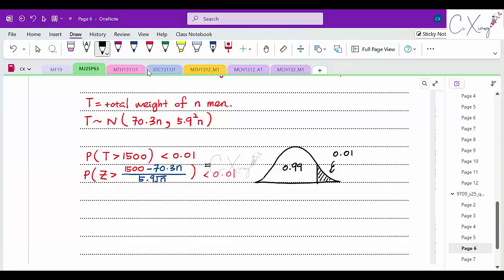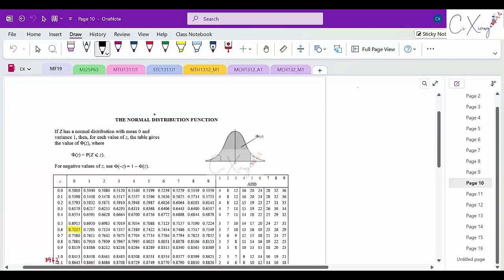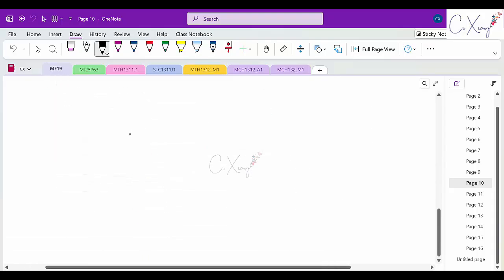Then after that, what is the value here that makes the area greater than this value of z equal to 0.01? Of course I have to use the table in a reverse way to find the value of z. I cannot look for 0.01, so I have to look for 0.99. Again, go to the table, scroll down to the shortcut table here.